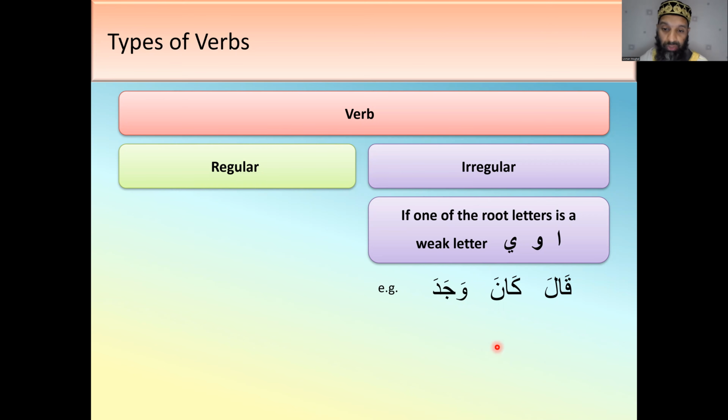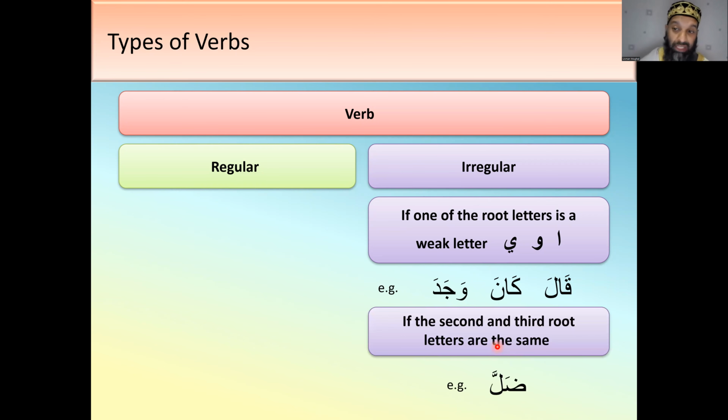But there's also another way. If the second and the third root letter are the same. So dalla is basically dad, lam, and another lam. But you just join both the lams and put a shadda on it. That shadda means two lams.